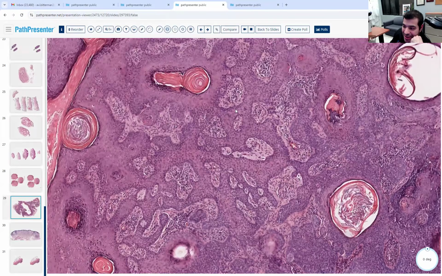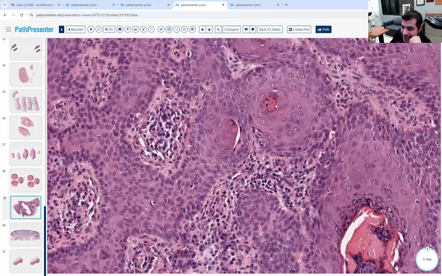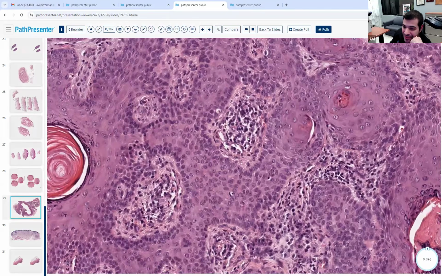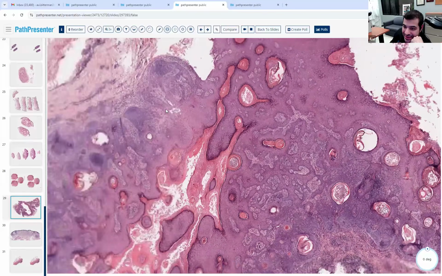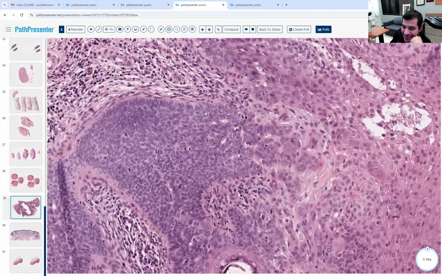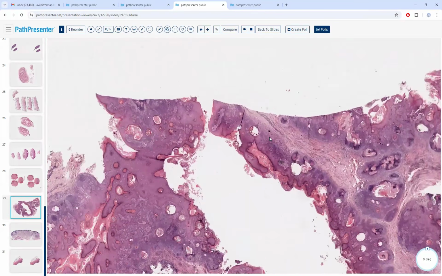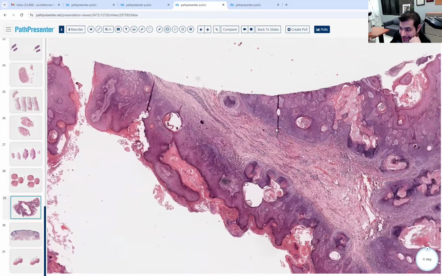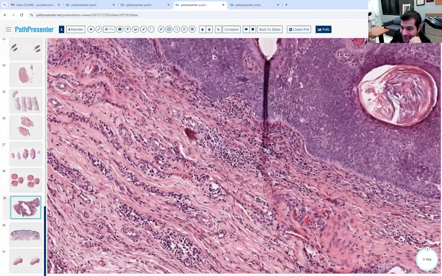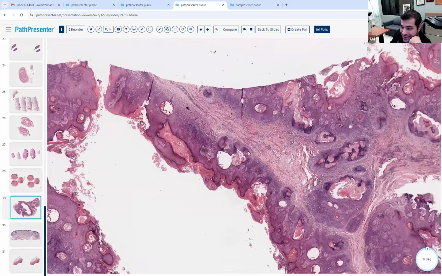Okay, well, you're mentioning a number of things now. You mentioned matrix, you mentioned trichohyalin, some granules. There's also, what is this? Does this look familiar from what we saw before? Palisading, okay. And we mentioned it a couple of times.